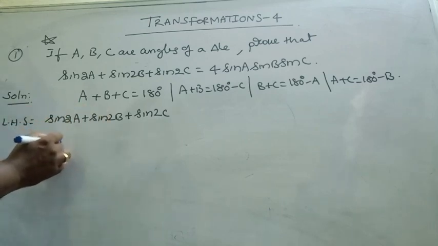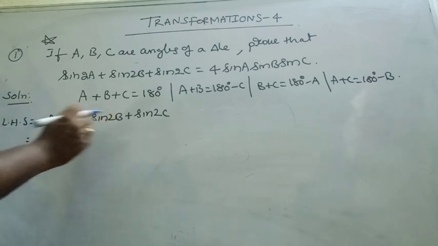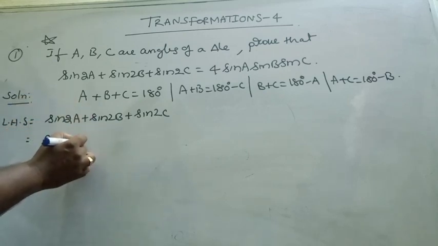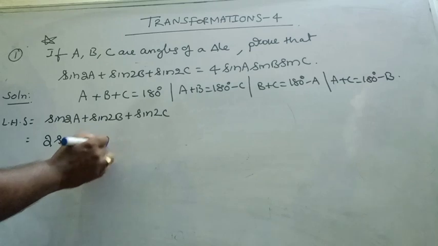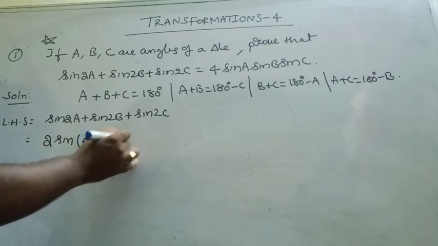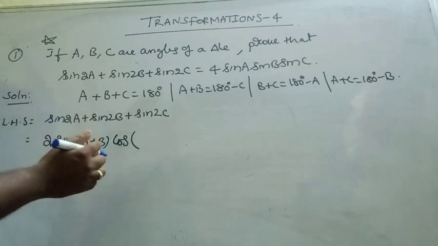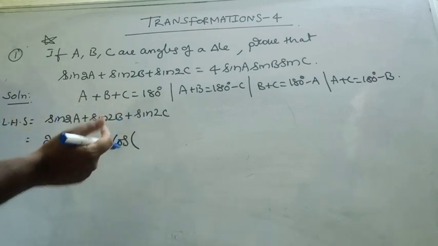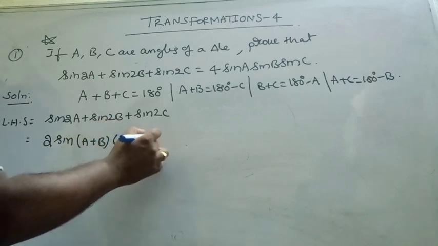This is nothing but 2 sine of (2A plus 2B) by 2, cos of (2A minus 2B) by 2. The 2 will cancel, so we get 2 sine of A plus B, cos of A minus B.